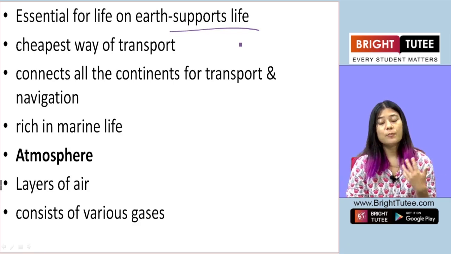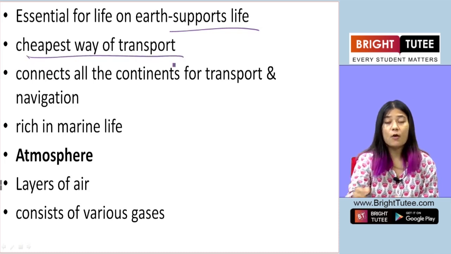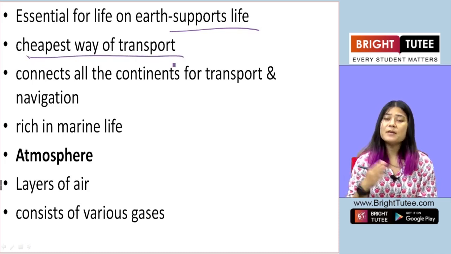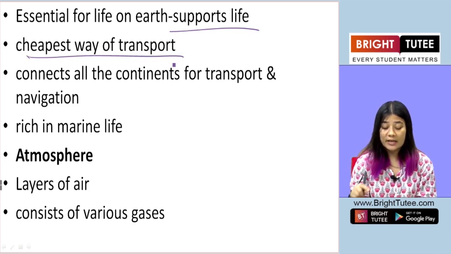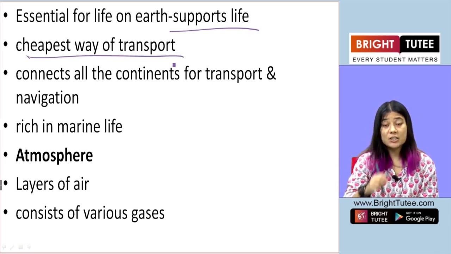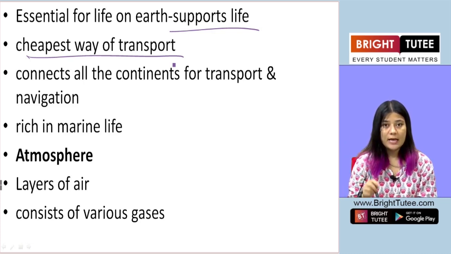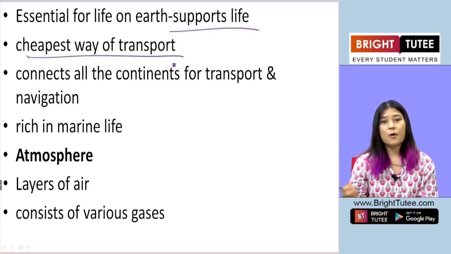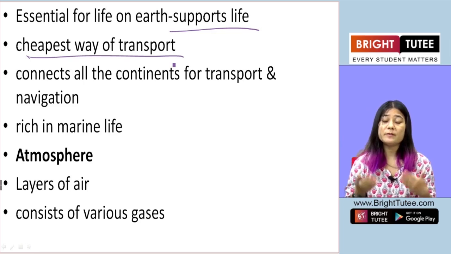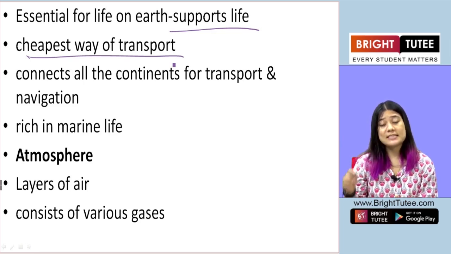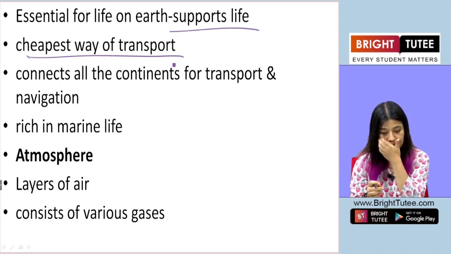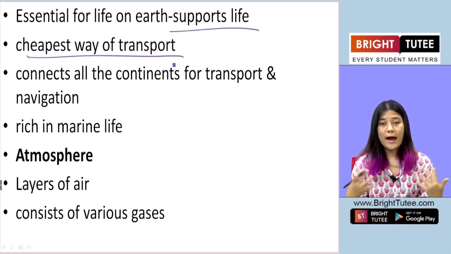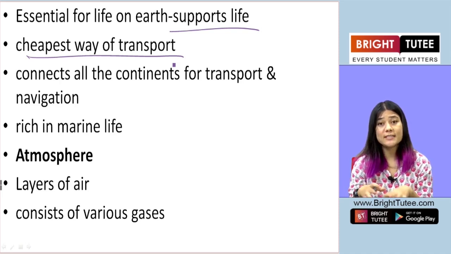Water also provides the cheapest way of transport. There are many modes of transport like air transport, land transport. Water transport is the cheapest of all the transports. If you take a ship from India to America, it will be very, very cheap compared to taking a plane from India to America. Now the hydrosphere connects all continents.